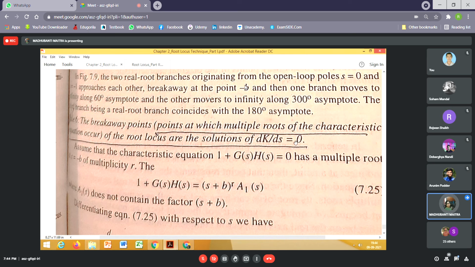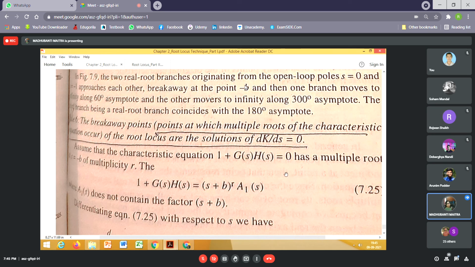Now also note that not all the solutions of this equation will be breakaway points. It might so happen that we have a fourth order system, and if we take the first derivative with respect to s, we'll get a third order polynomial.